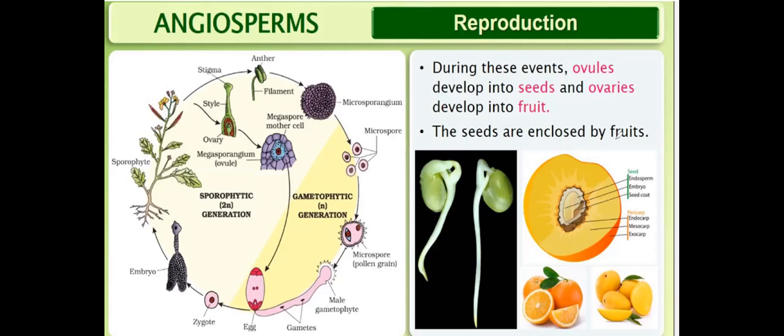These seeds are enclosed by the fruit. So there is endosperm, embryo, and seed coat. This is a seed, and this is the fruit.